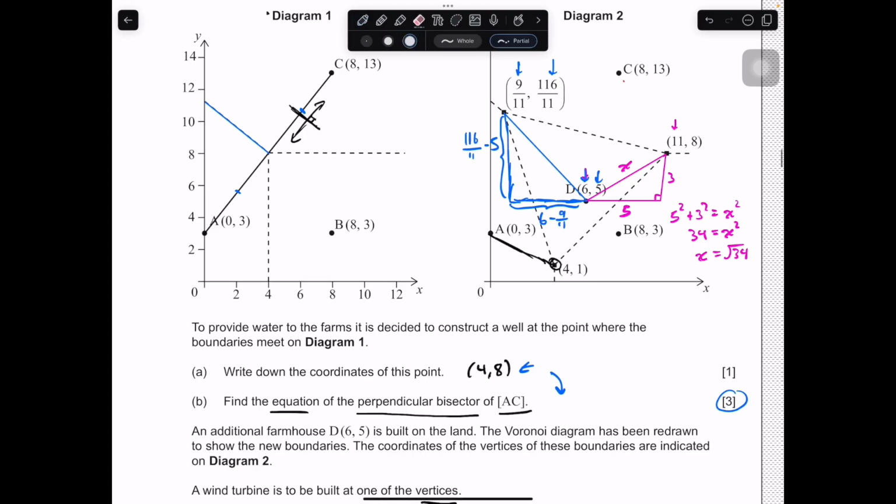Actually, that's exactly what I'm going to do. 6 minus 9/11, square that value. This is roughly equal to, geez Louise, 3249 over 1.